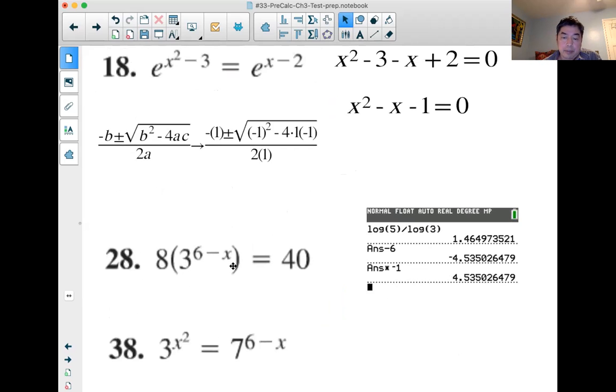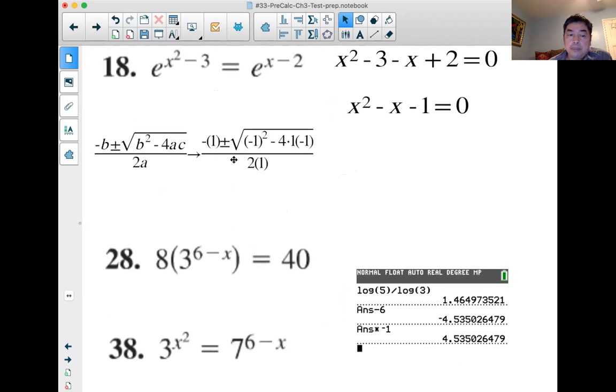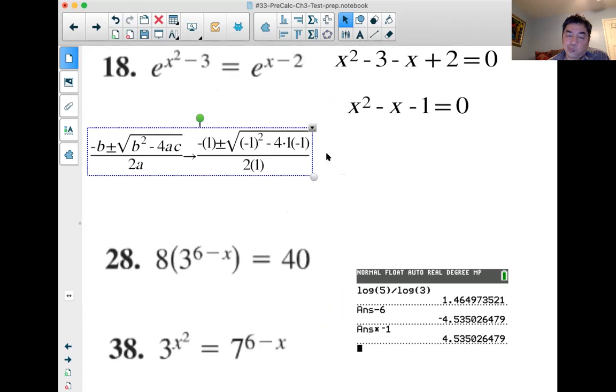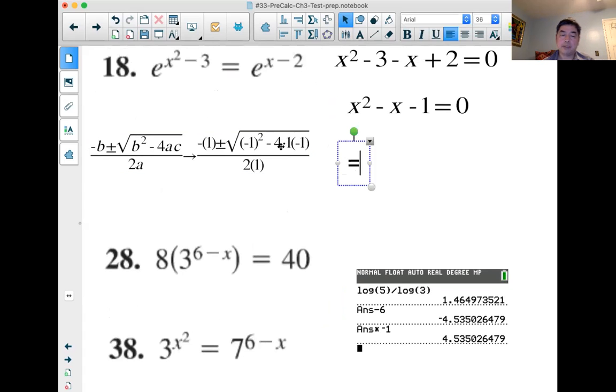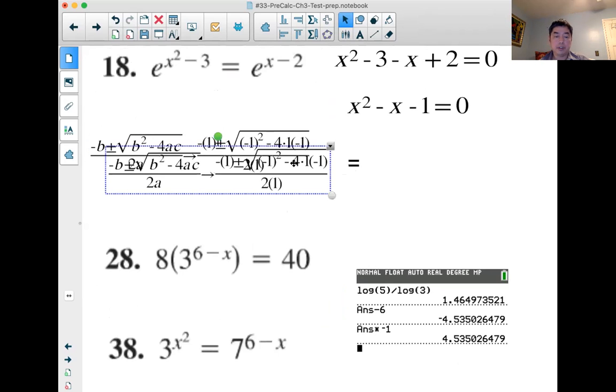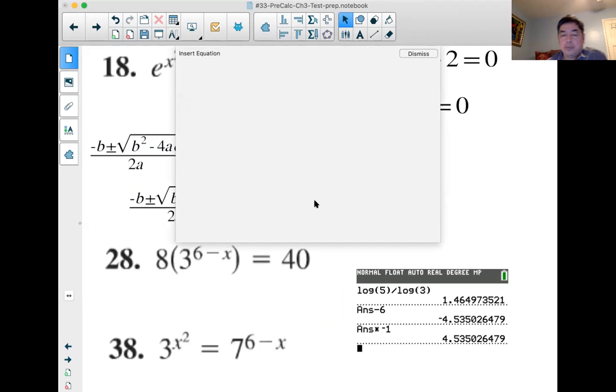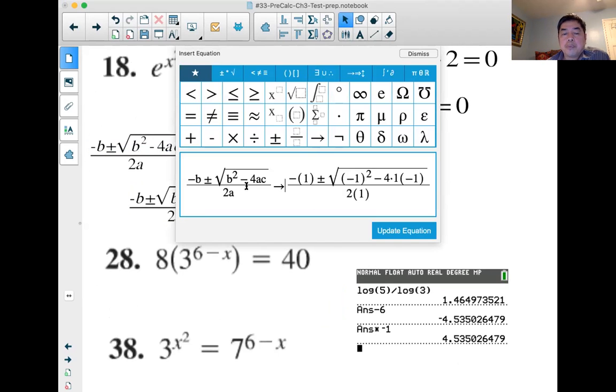Let's see if I can move down this one. Somehow it's frozen. I hope it's not frozen.